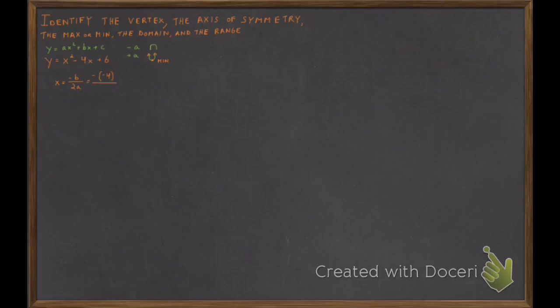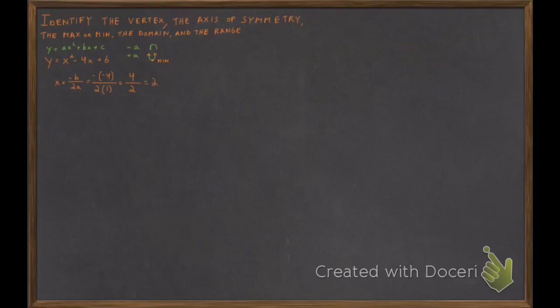We divide the whole thing by 2, and we substitute in our a, which we can see is 1. A negative outside the parentheses makes the negative 4 a positive 4, because a negative 1 times a negative 4 is a positive 4, and that is divided by 2. So we see that our x-coordinate of our vertex is 2.